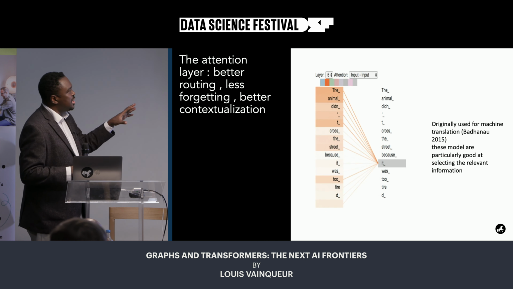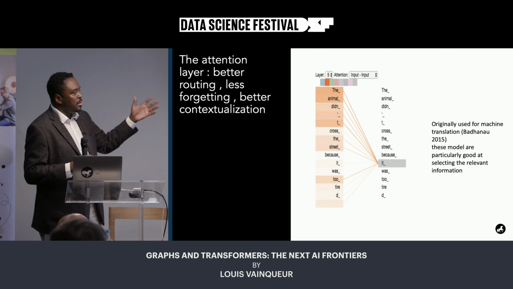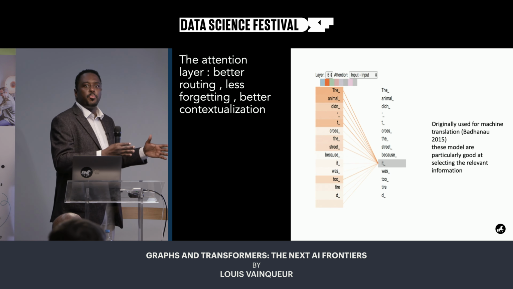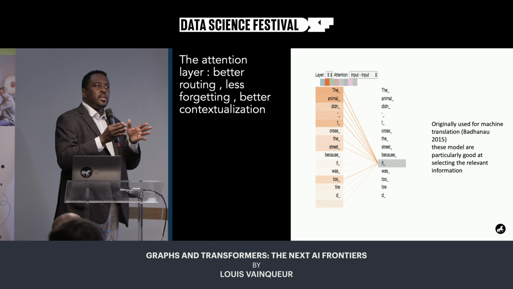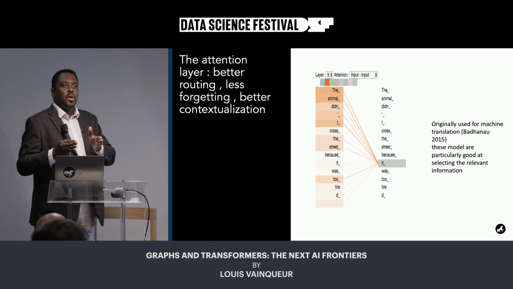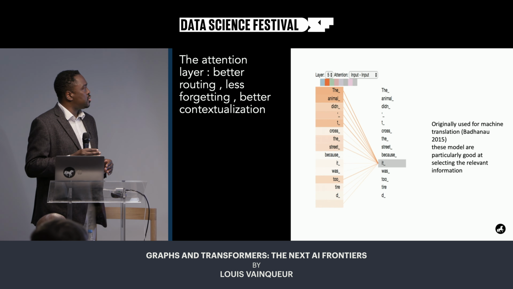And so here you see a visualization of attention that was created initially for machine translation. That was where the big problem of condensing a sequence of information into just one vector was the most important to solve.